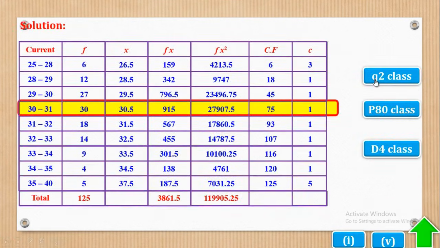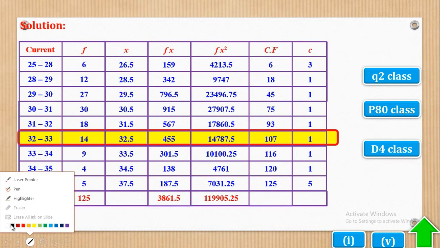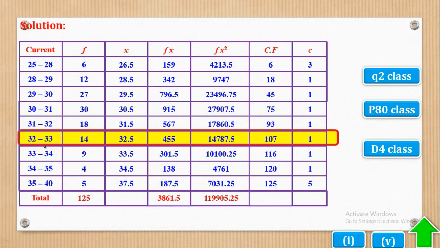So let's first remove this and locate our 100 in the CF column. So 100 lies here because before this there is 93, which is smaller than 100. Therefore this is the 80th percentile class, and like we did under median, we have to get the lower class boundary, which is this, then the frequency, which is 14, then the cumulative frequency before that class, which is 93, and also the class width, which is 1. Once we have that, we shall go and substitute in the formula.